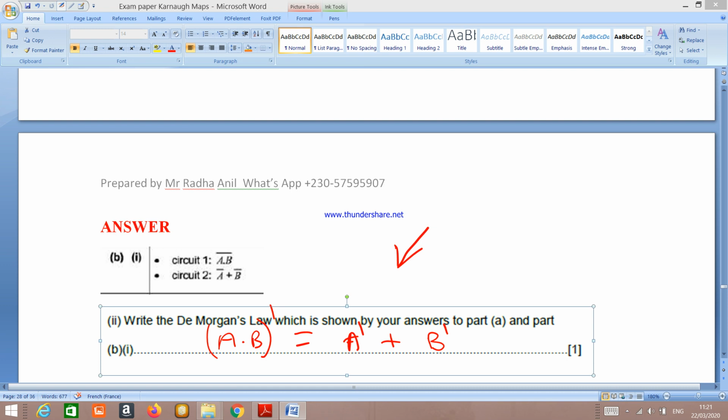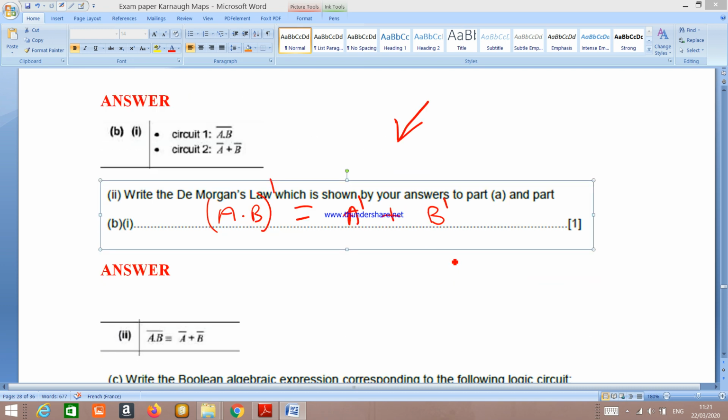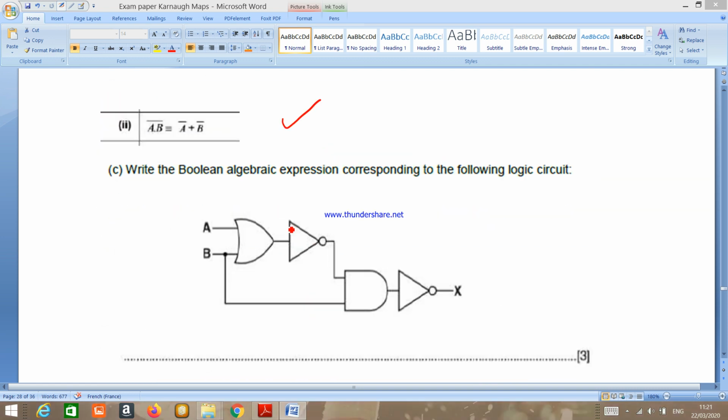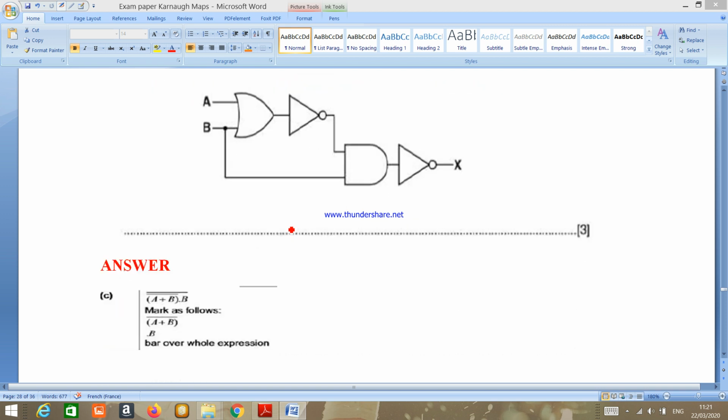Now let's try something else. Okay, this is correct. Now let's try something else. Okay, can reduce Boolean expression.